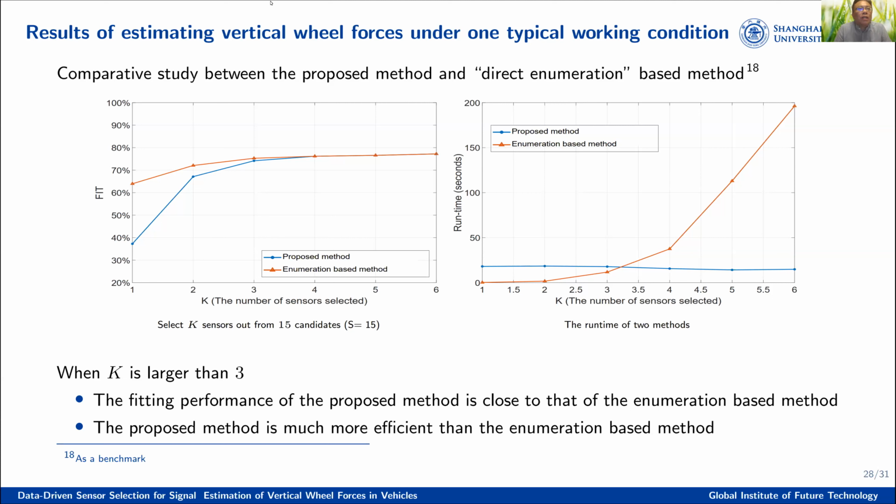And we notice that in that case, the enumeration method definitely is the golden rule here, because we numerically select the best. However, looking at the running time, when we have a larger k, larger than 3, the computational time of the enumeration method is highly increased compared to the proposed method. The computational time for the proposed method will not change a lot due to the change of k.